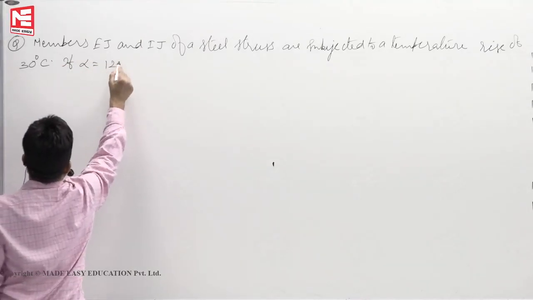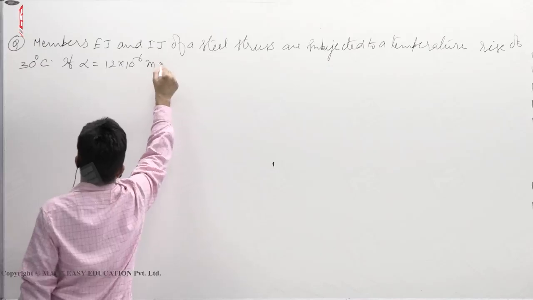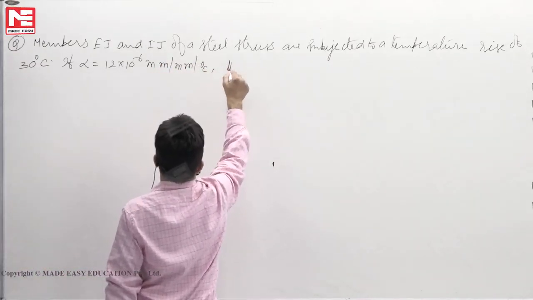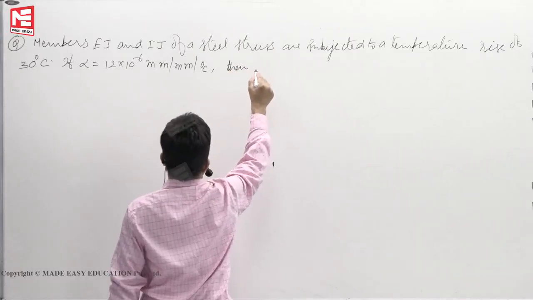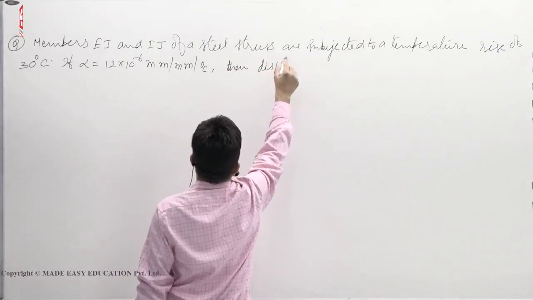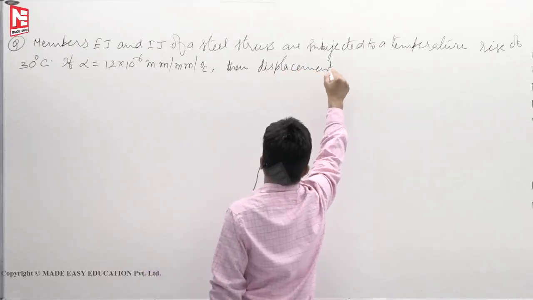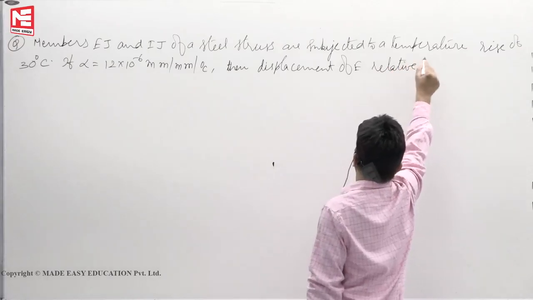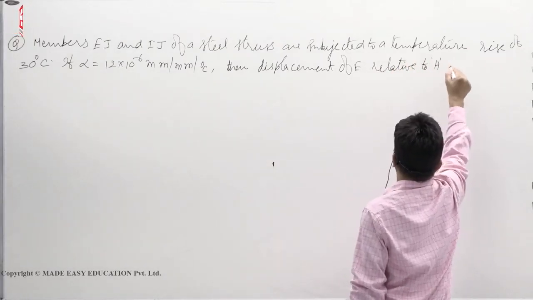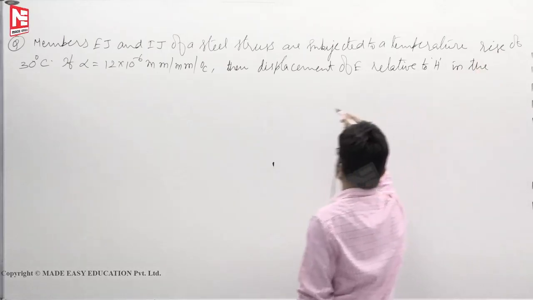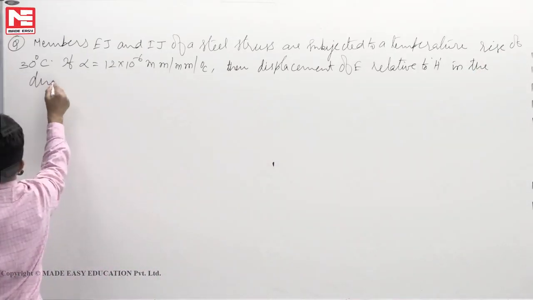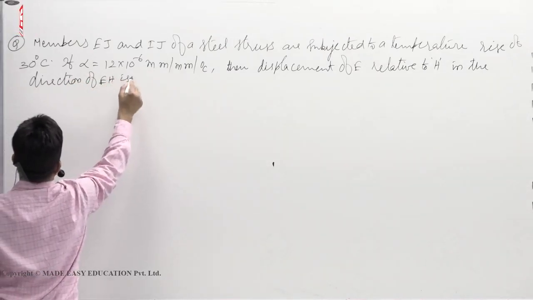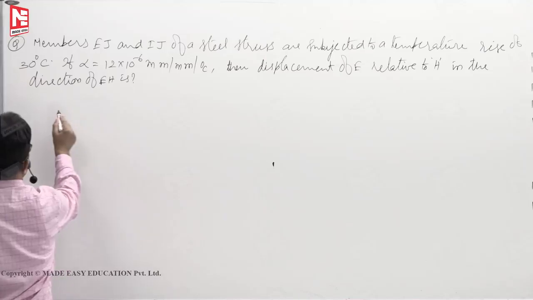If alpha is equal to 12 into 10 to the power of minus 6 mm per degree centigrade, then displacement of E relative to H in the direction of EH is, that is the question.